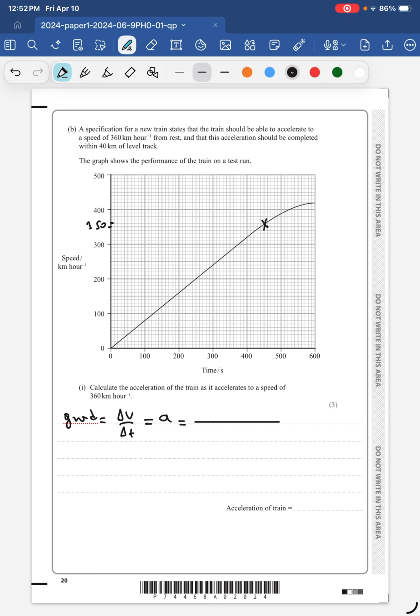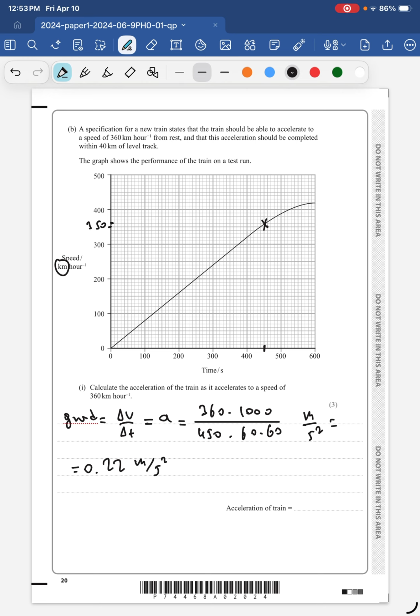We can use that point over there, which is 360 times 1000, because it's in kilometers. This takes place at 450 seconds. But because 360 is kilometers per hour, we have to multiply by 60 times 60 to convert to seconds. So the answer is 0.22 meters per second squared.